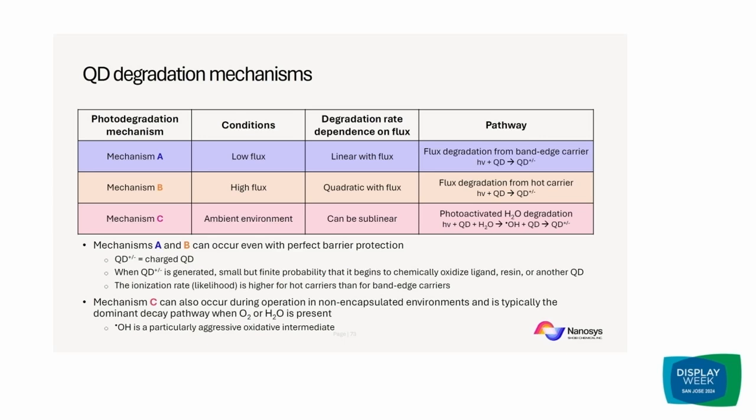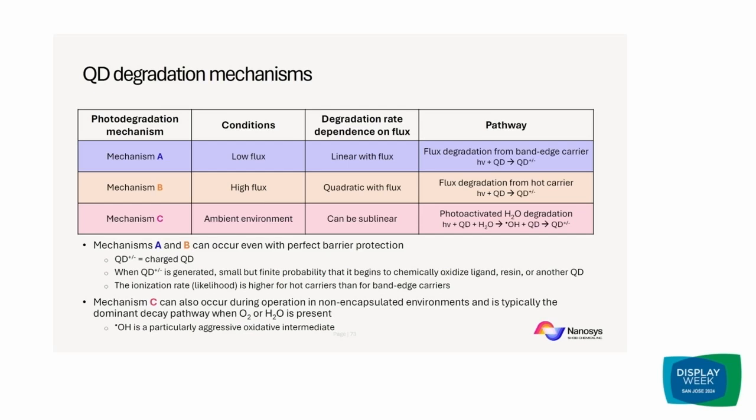So first of all, these two at the top here, which I'm calling mechanisms A and B, occur under conditions of photoluminescent excitation, and their degradation rates can vary mathematically with how they accelerate as a function of the excitation flux. Both of these follow fundamentally similar pathways, which is that you can have your carriers, so your electrons and your holes, and it's possible that they actually ionize from the quantum dot and leave the system.